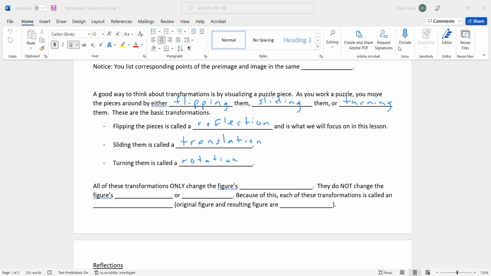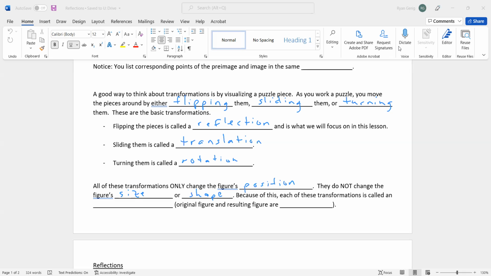Now, all of these transformations that I just talked about only change the figure's position. They do not change the figure's size or shape. Think back to what I said at the very beginning of the notes.